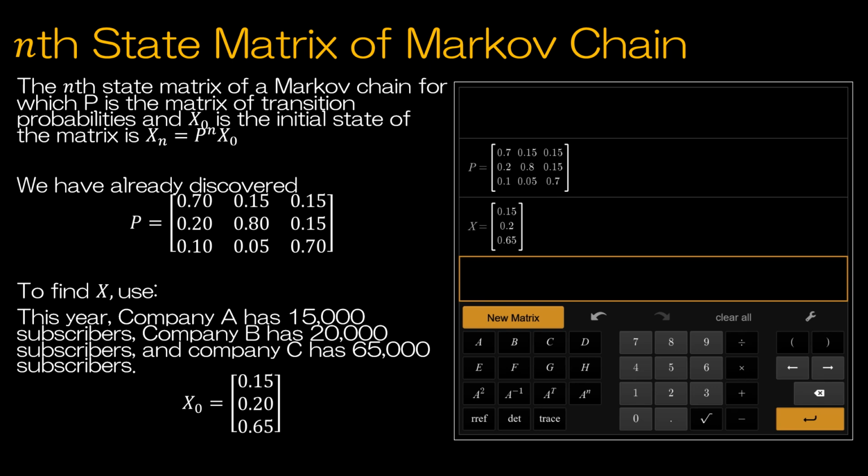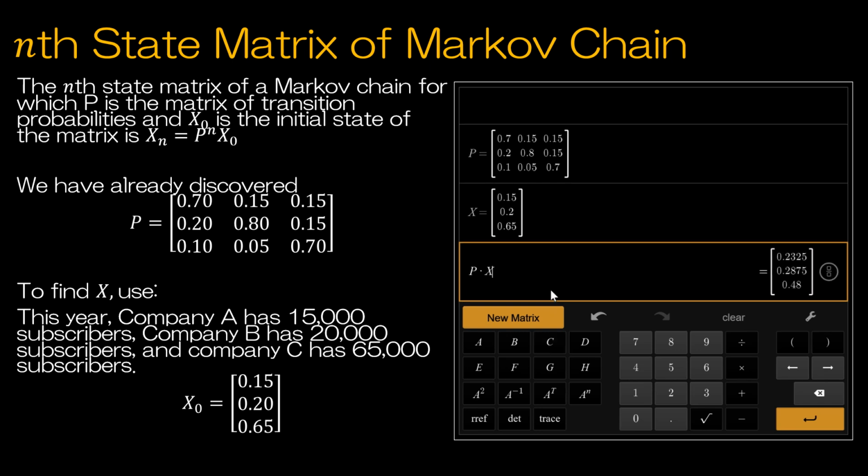If I want to find the state at the end of 1 year, the next year, I'm going to take P to the n times x sub 0. So for this case, I would just take P and multiply it by x, which is x sub 0.